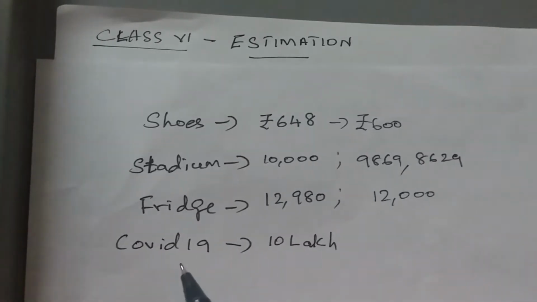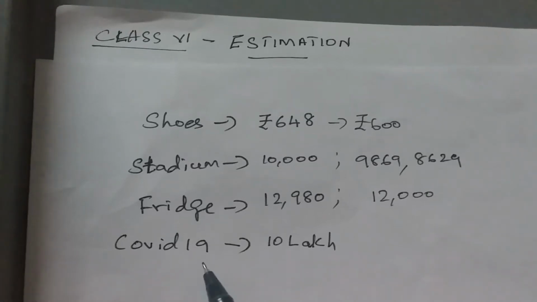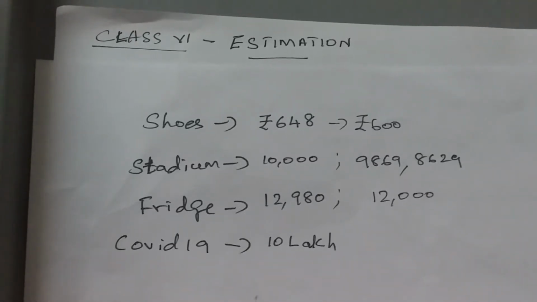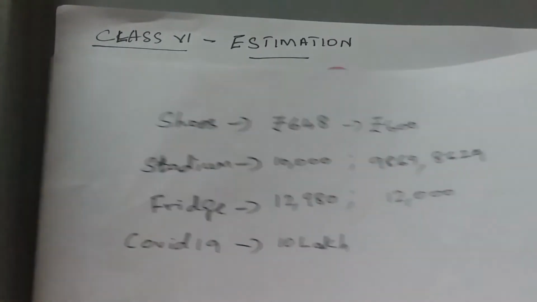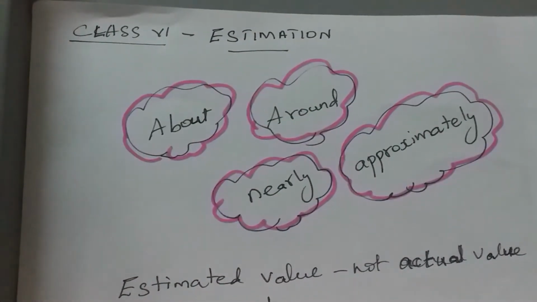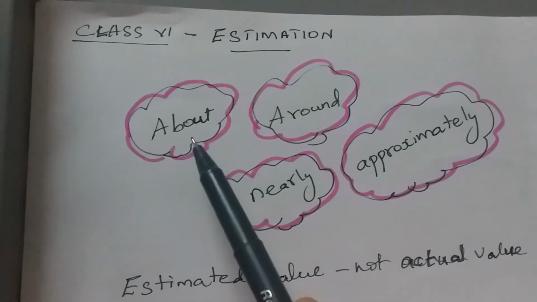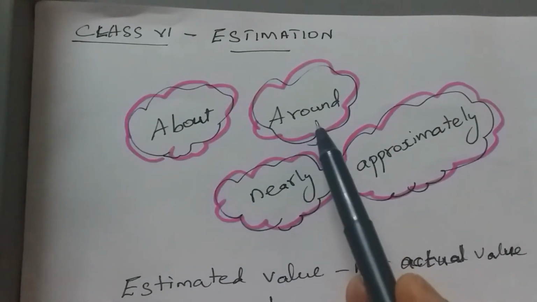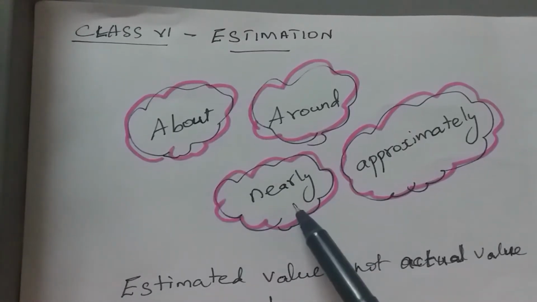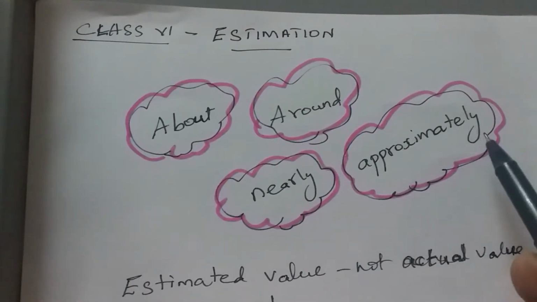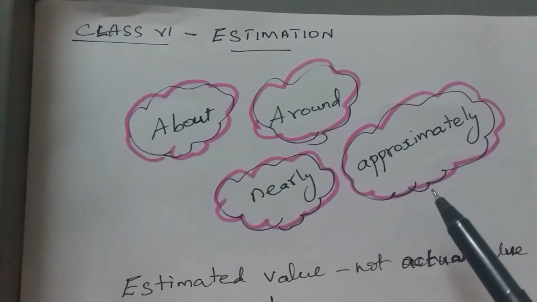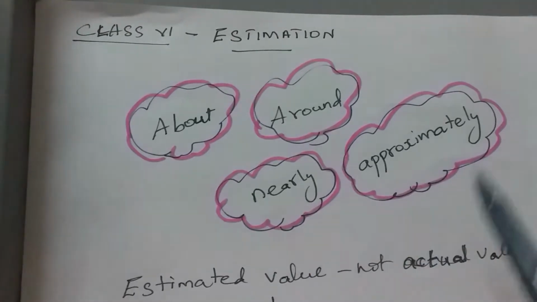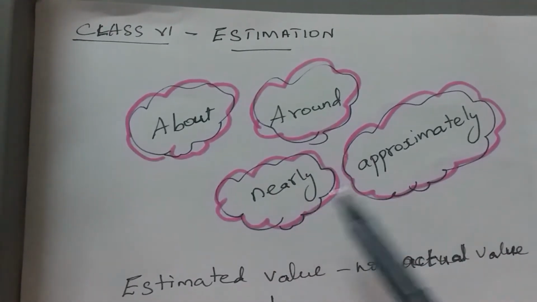And very recently you would have heard in the TV news, people affected by COVID-19 around 10 lakh, 15 lakhs, 3 lakhs like that. What does it mean? It is an approximate value of the original number. So even though we are not using the word estimate exactly, we are using words like about, around, nearly and approximately.